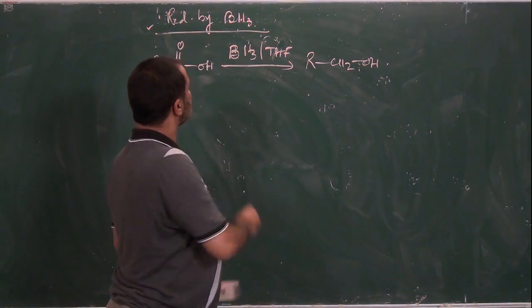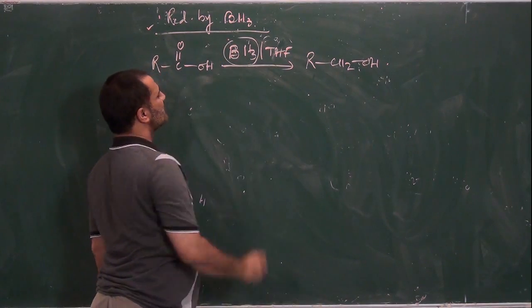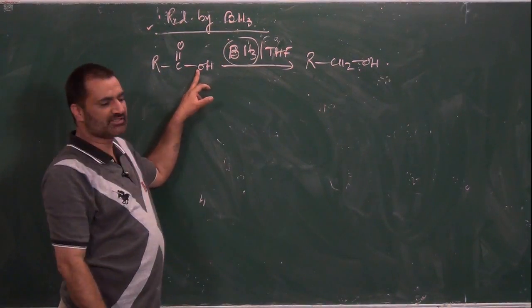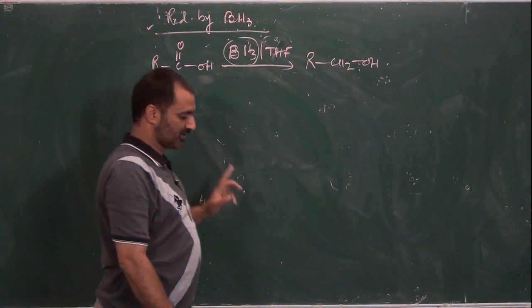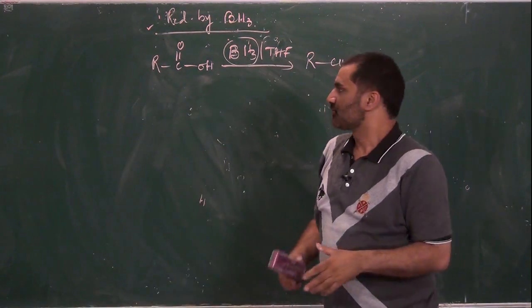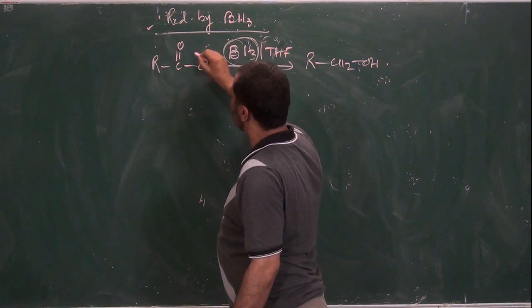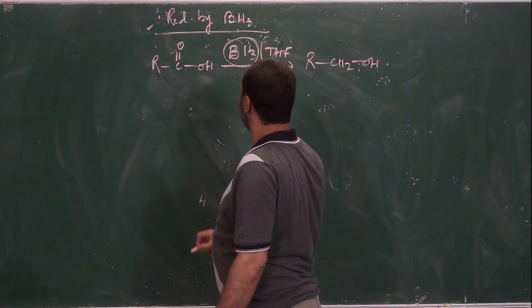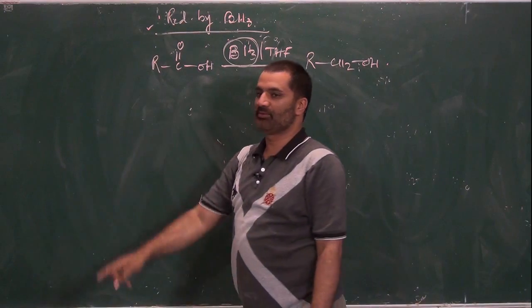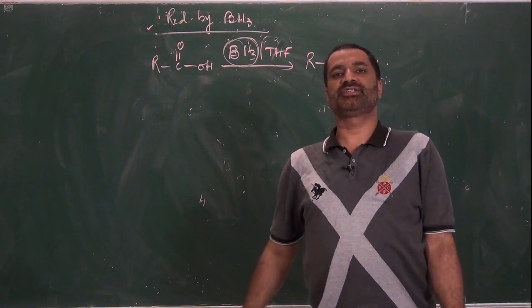Now say there is an ester part as well as a carbonyl part in the compound. This BH3 is more effective towards the ester part, and if we are using lithium aluminum hydride, that is also more effective towards the ester part.